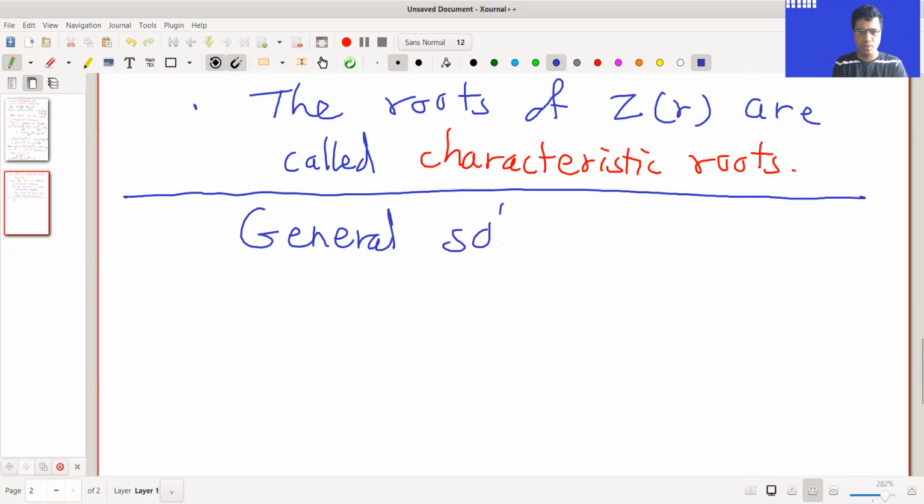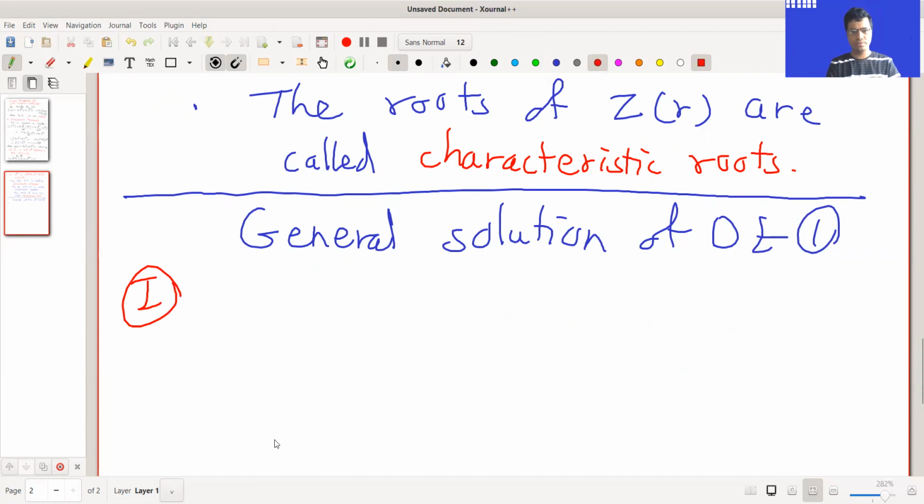General solution of differential equation 1, that is L of y equal to 0. The general solution depends on the nature of the roots of the characteristic polynomial.